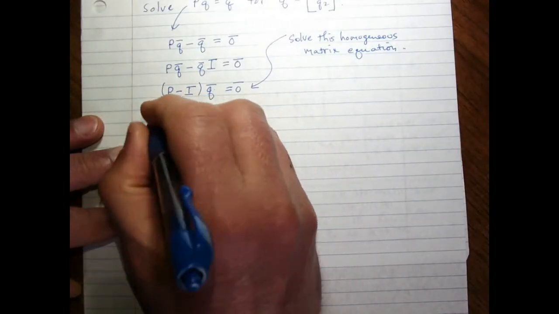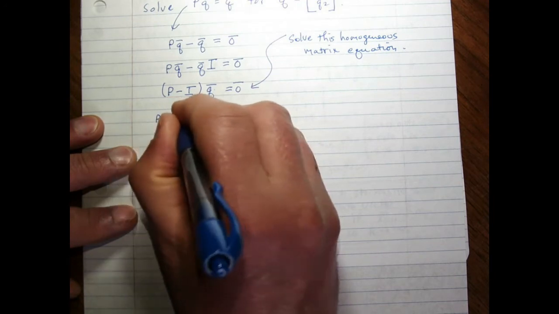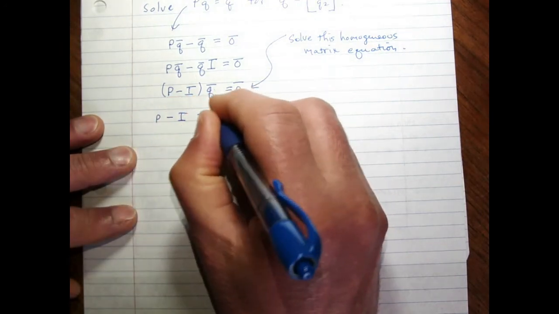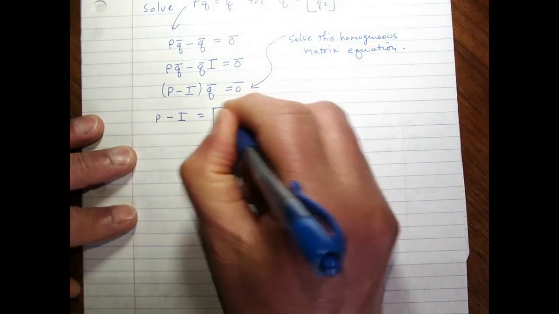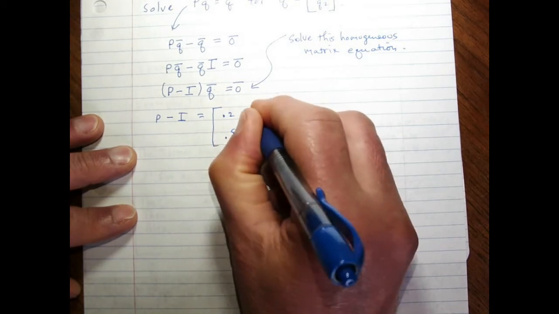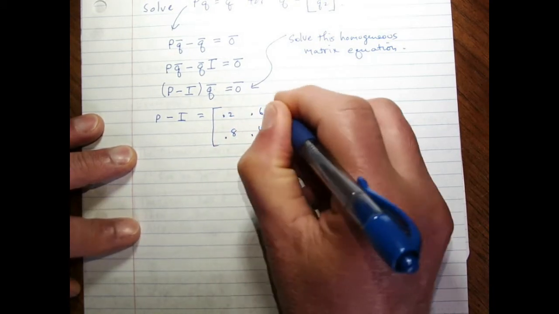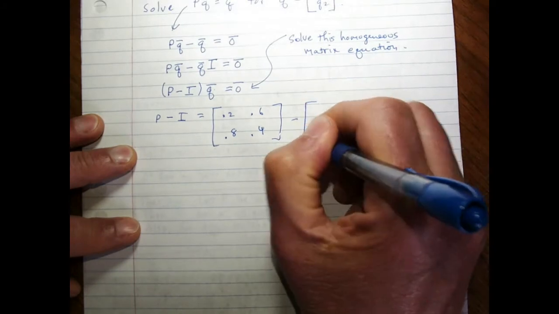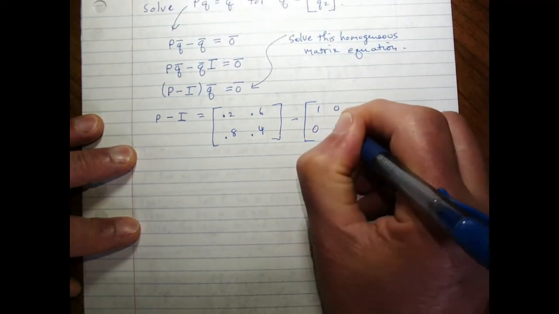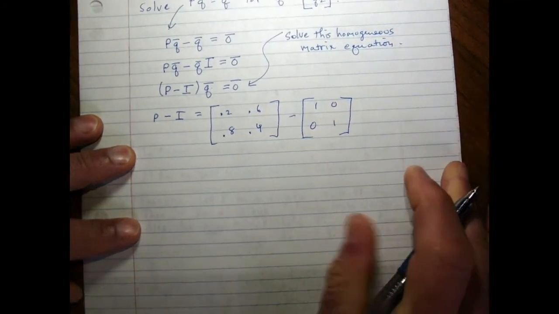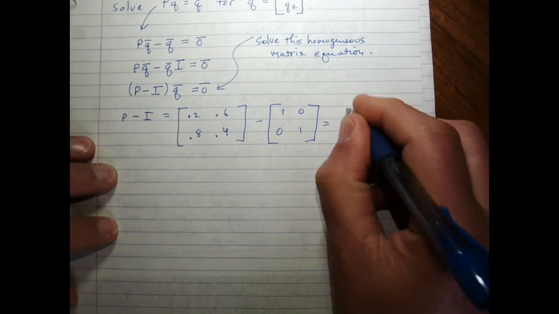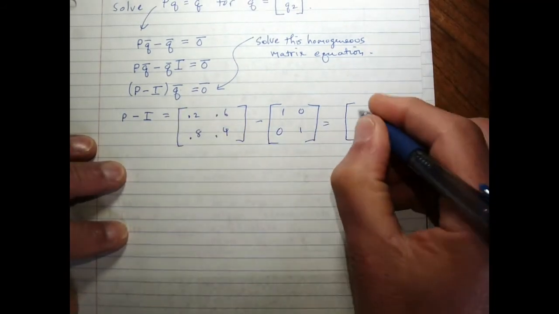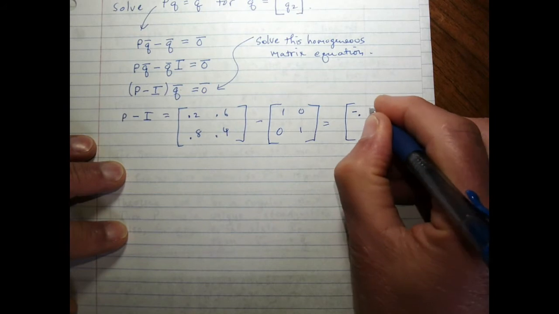And so I need P minus I. P minus I is 0.2, 0.8, 0.6, 0.4 minus 1, 0, 0, 1. So we're taking the difference of two matrices. 0.2 minus 1 is going to be negative 0.8.